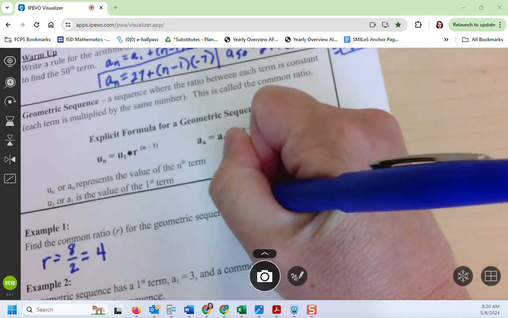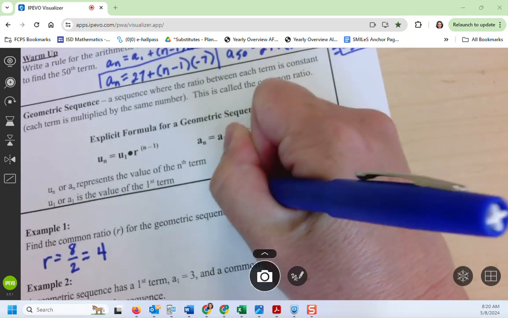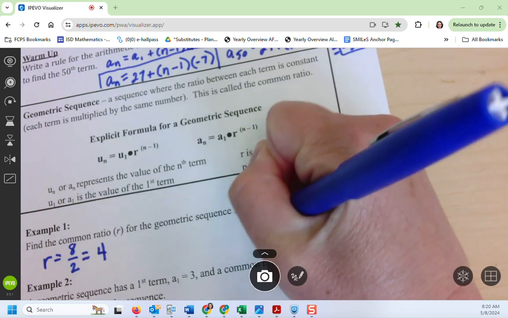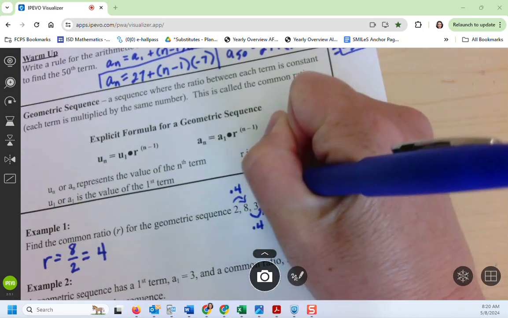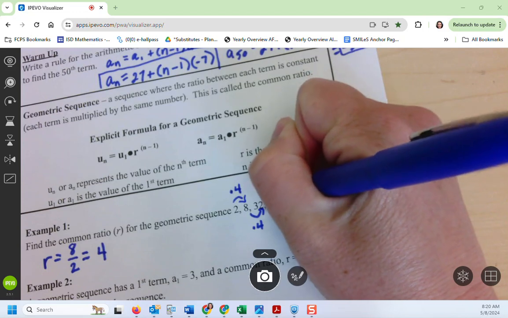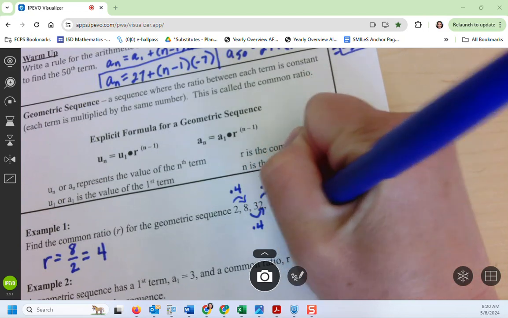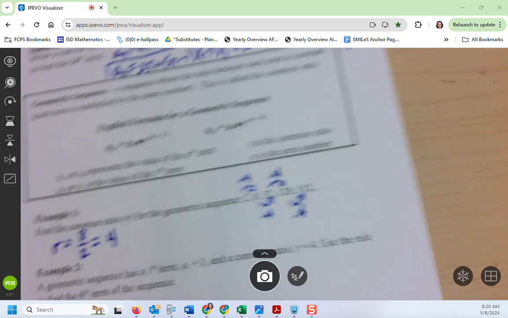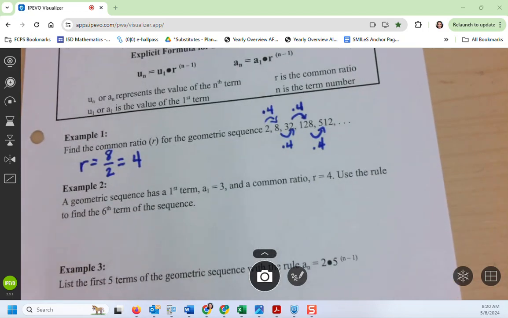And then you can see that each time we're just doing times 4. Okay, so the first question was just asking, what are you multiplying by each time? And it was just 4.